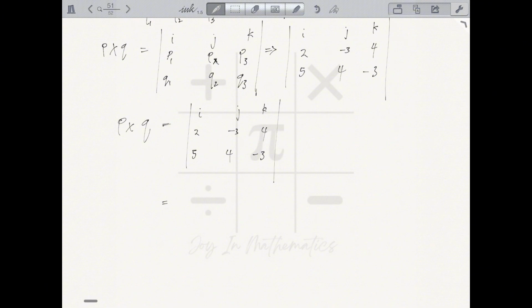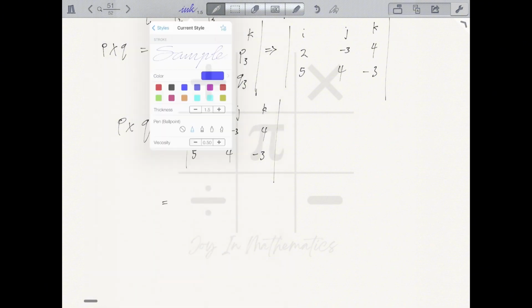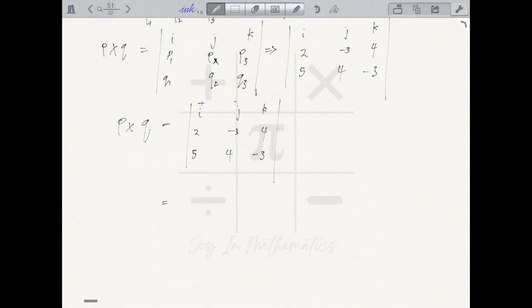So let's apply it. We begin with the place sign: positive, negative, positive. Starting with positive i, we remove its row and column, and we are left with minus 3, 4, 4, minus 3. Similarly, we move on to the next, that's minus j.